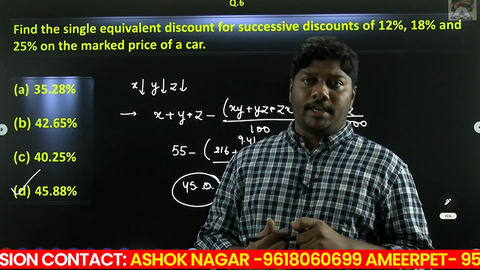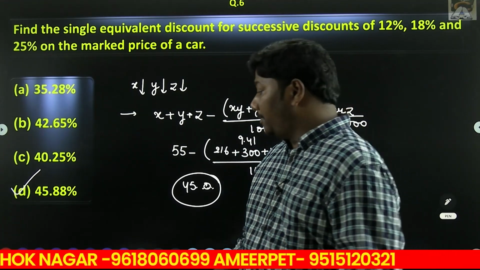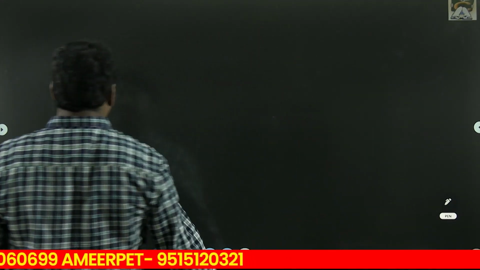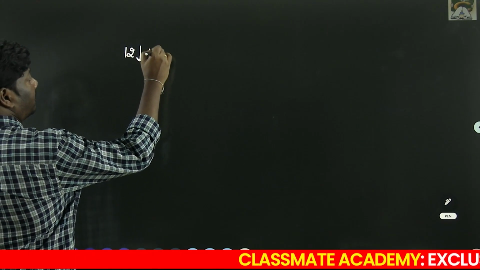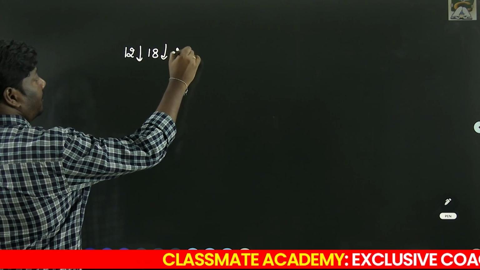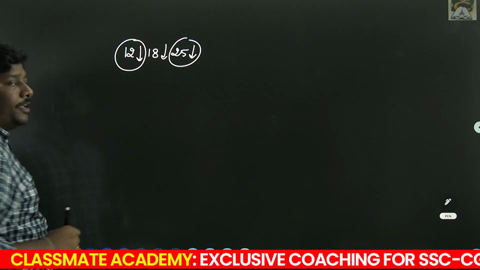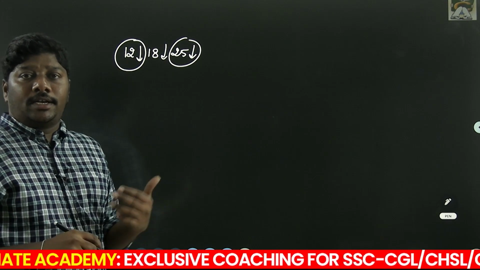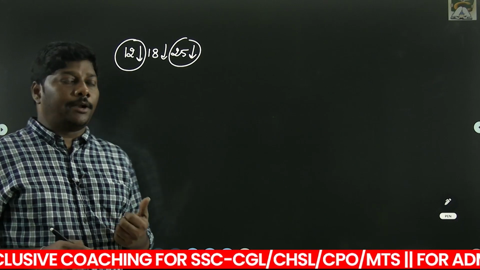If you want to do it another way, 2 at a time also you can take it and do it. See how it will be. The percentages are 12 followed by 18 followed by 25. So first I am taking any two, you can take it. 12 and 25 I am taking. What is the formula? D1 plus D2 minus D1 D2 by 100.